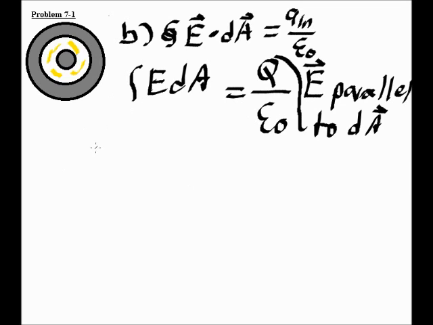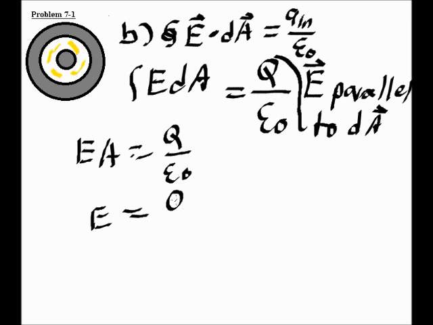So E again is a constant, and the integral of dA is A. A is again 4 pi little r squared, so solving for E, E equals Q over 4 pi little r squared epsilon naught. And that's it for part B.